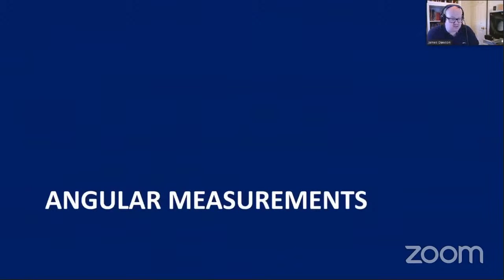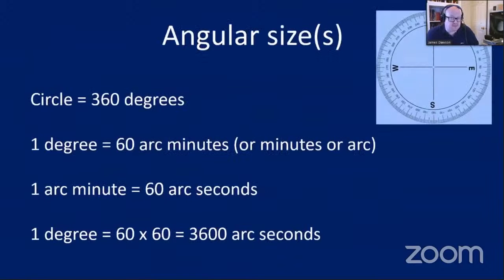So angular measurements. If we think about a circle, that's made up of 360 degrees. And if we just take one of those degrees, that in itself is made up of 60 arc minutes, or minutes of arc.